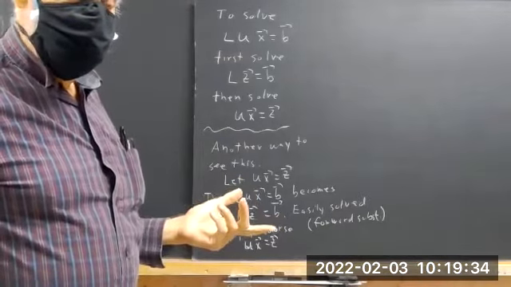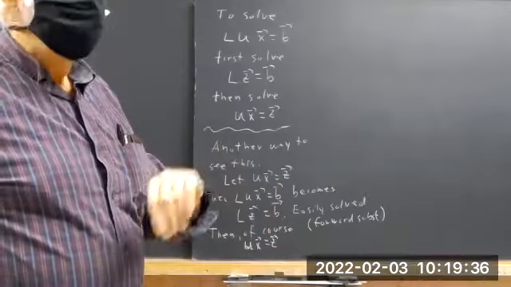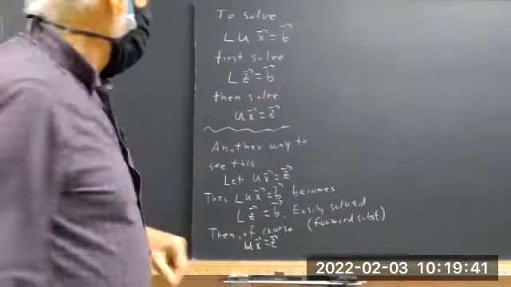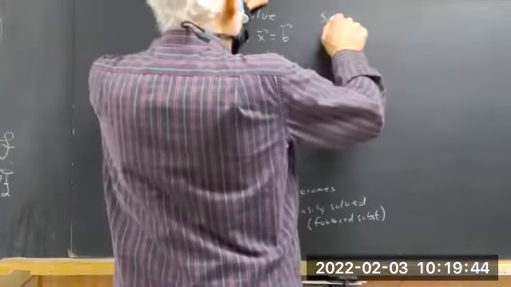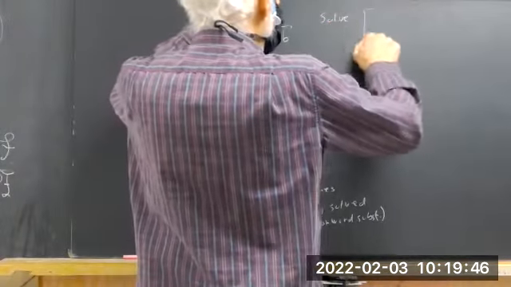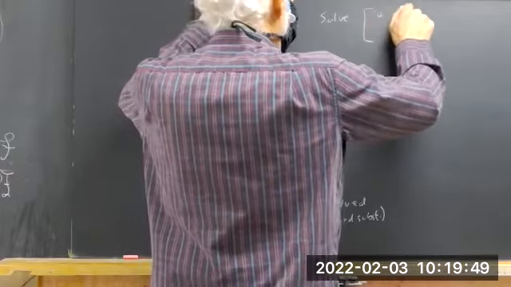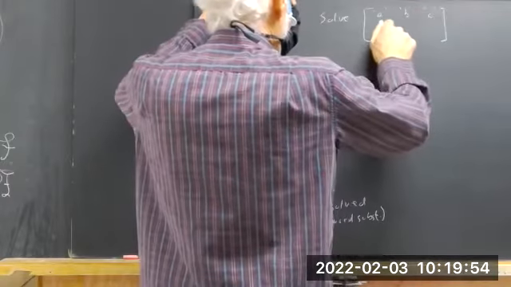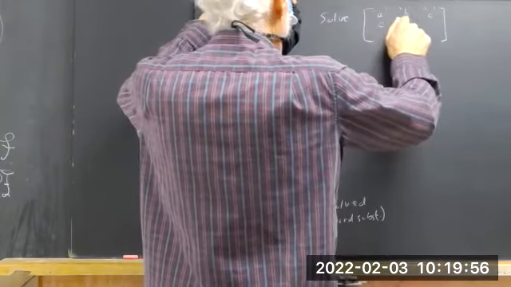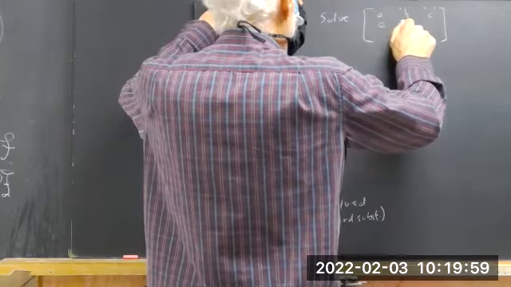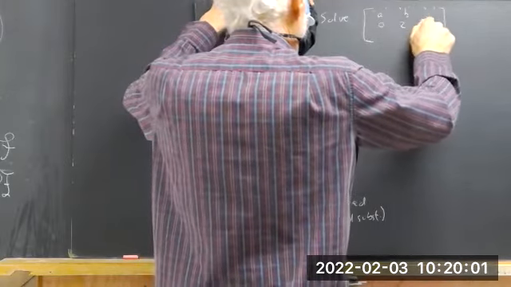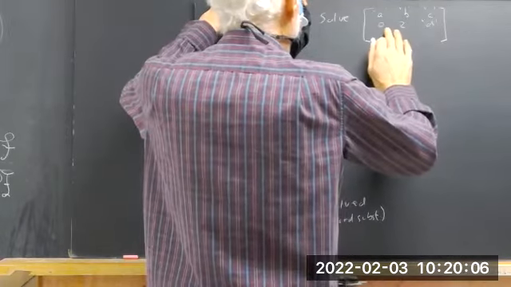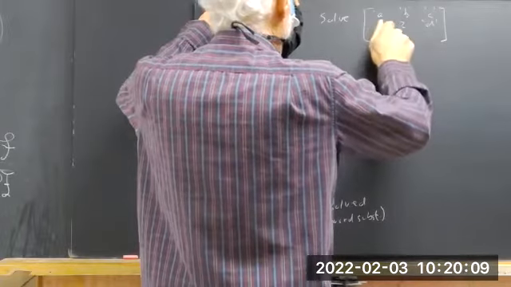Matter of fact, I'll give you the system right now. Write this down, and I'm going to ask you to do this and bring it to class on Tuesday. So, this is your own system using your A, B, and C numbers. That'd be nice.